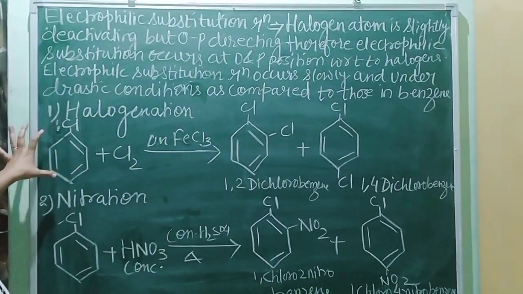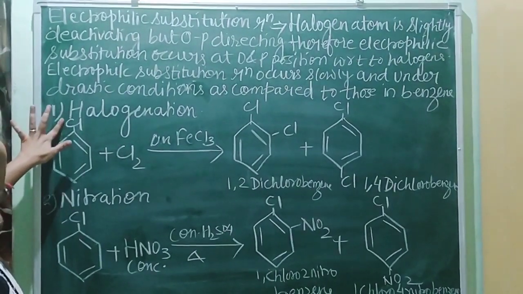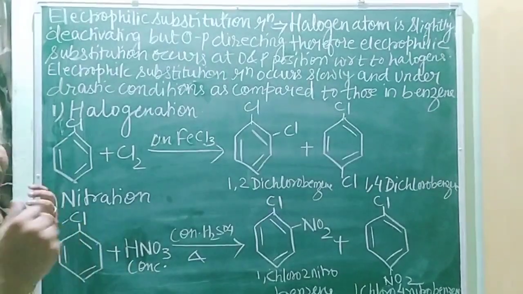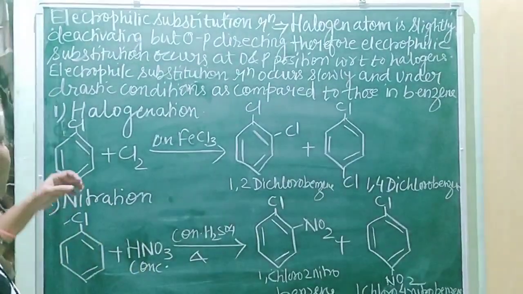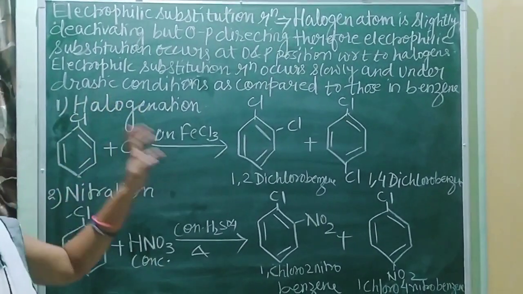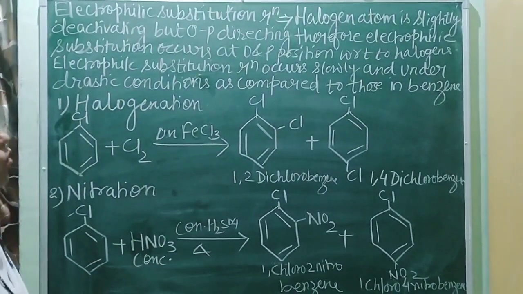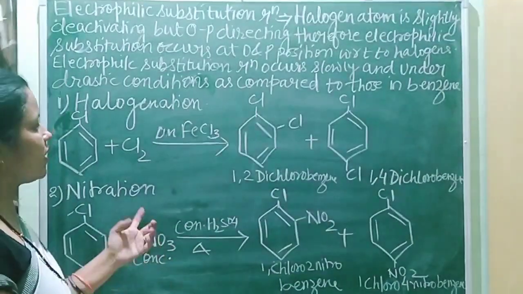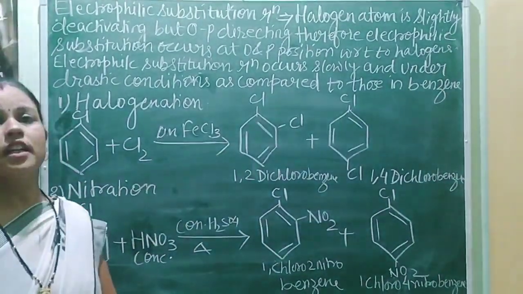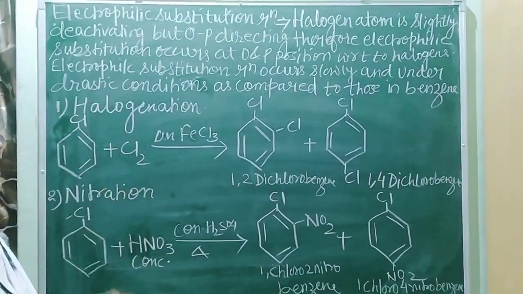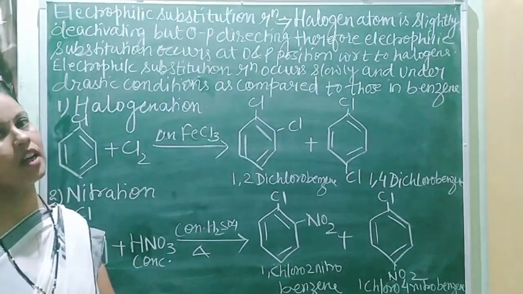So due to the inductive effect, the minus I effect, it deactivates the ring, and due to the presence of a lone pair it shows the resonance effect. Due to the resonance effect, out of 4 resonating structures, 3 have more electron density at ortho and para position.